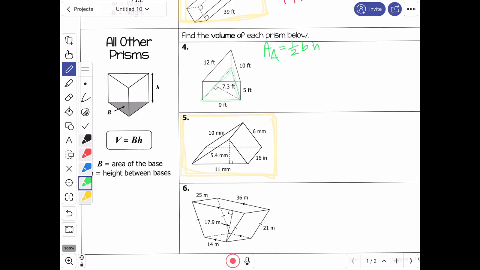So then if I look at that picture, my triangle should have a base. This would be my base because this is the side that's making the right angle with the altitude. So the altitude is going to be my height. So H is 7.3.